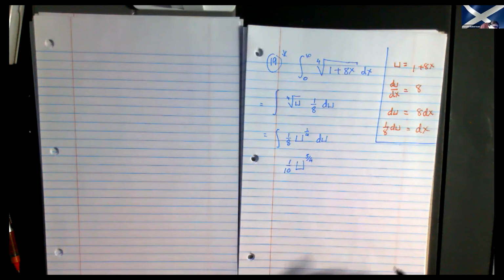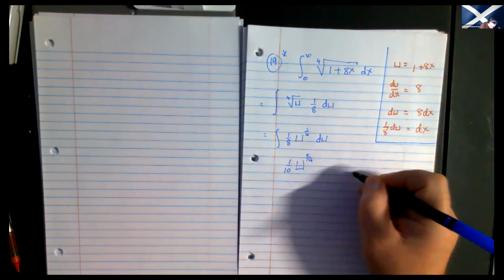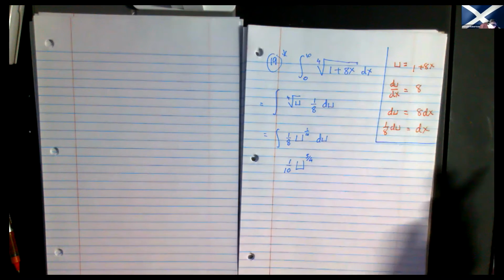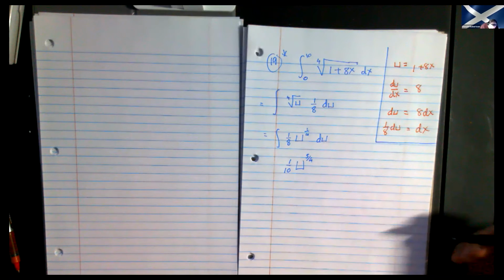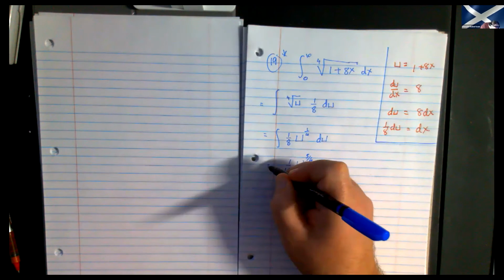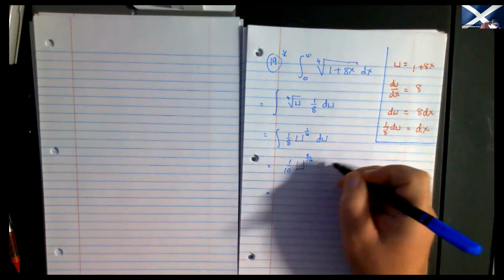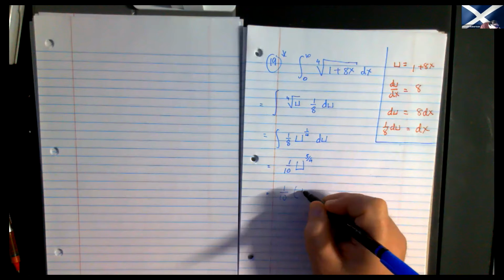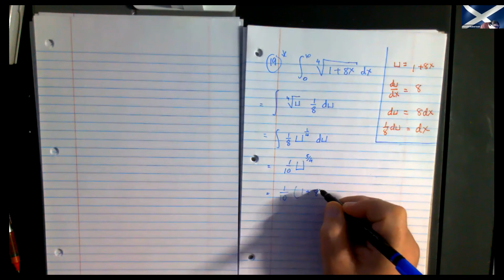Now, normally I'd be doing a plus c here, and then I would change the u into that and we'd be finished. And that would be the correct answer, except we have limits of integration. So the difference here is that you don't do the plus c, it's not necessary, but you do return back to the x's.